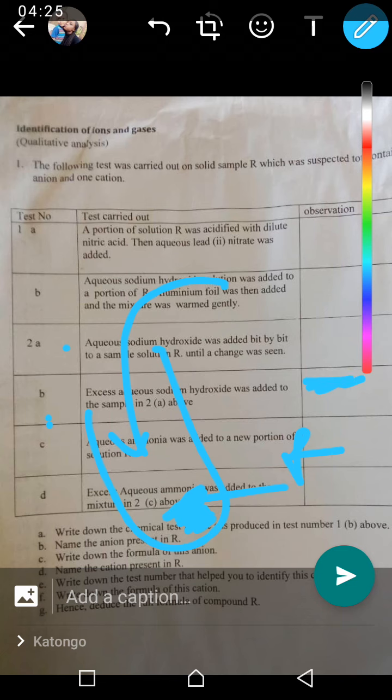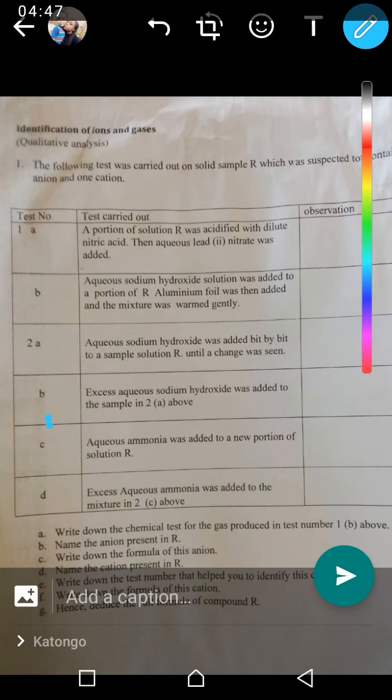Whatever color change you see, if it becomes yellow, you say yellow precipitate. If it becomes green, you say green precipitate. Whatever you add in the test tube, like you're in the lab, whatever color you're going to see, you write there the color changes. It goes just like that.